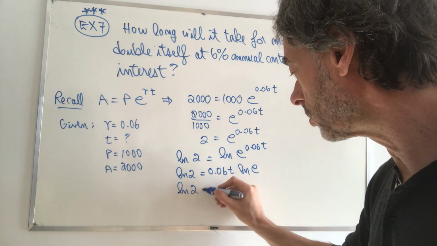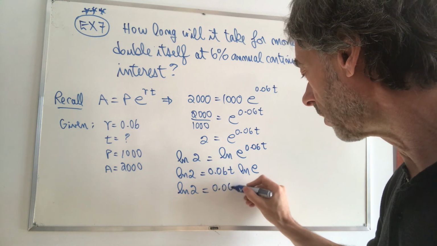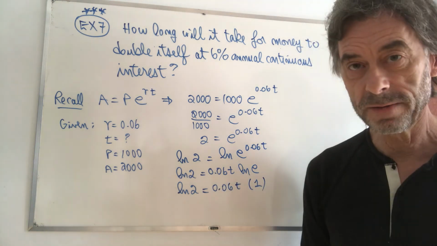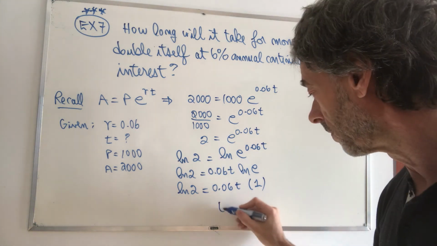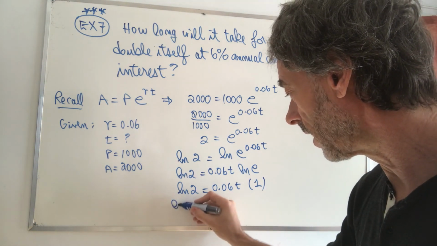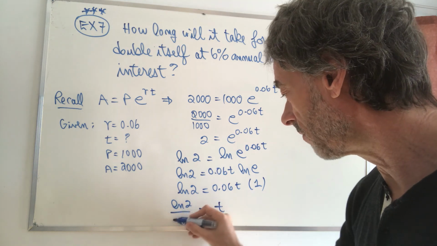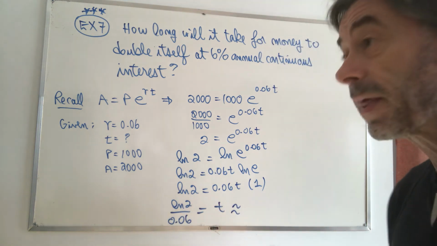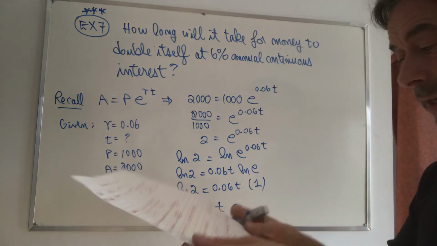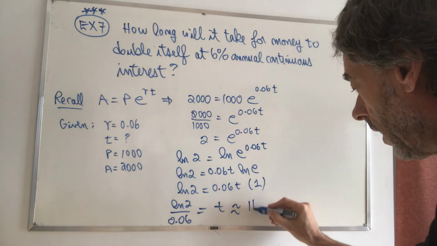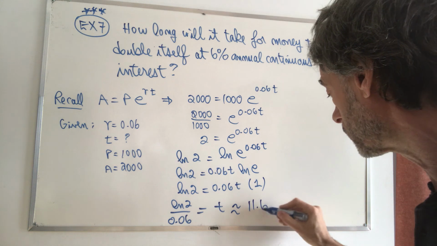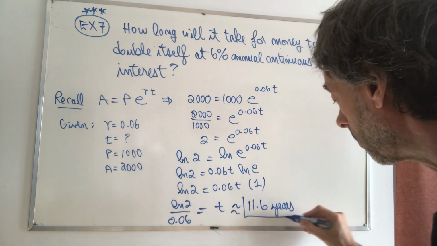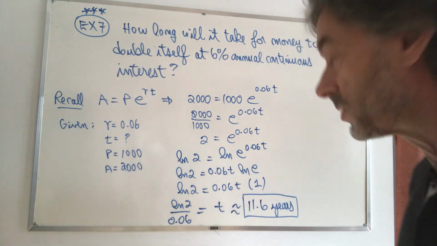So ln of 2 is equal to 0.06t times 1. So what's t? t is ln of 2 divided by 0.06. And that is approximately equal to 11.6 years.